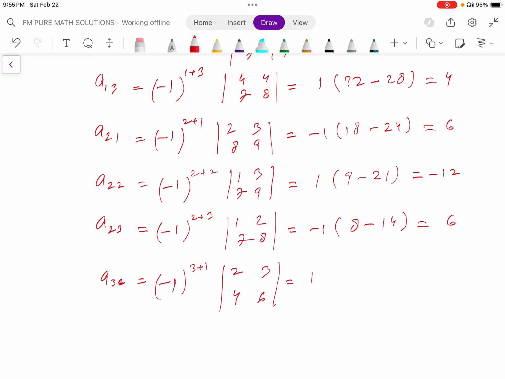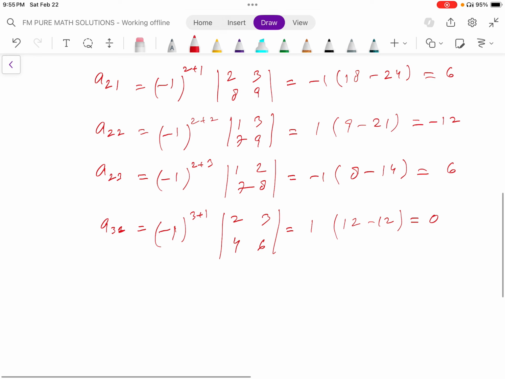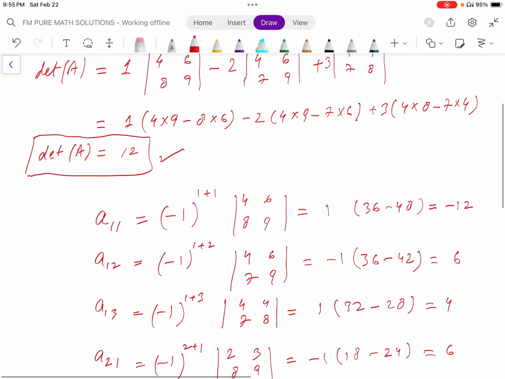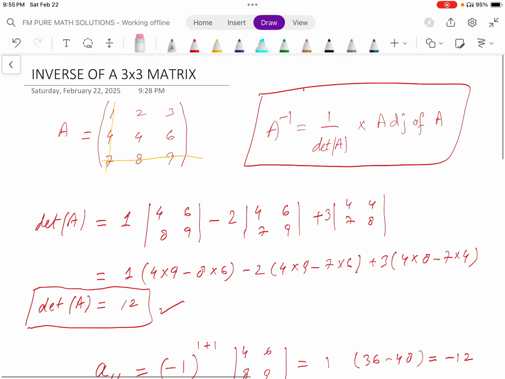So this is 1 times 12 minus 12, which is 0. And then A32, minus 1 to the power 3 plus 2, third row, second column.